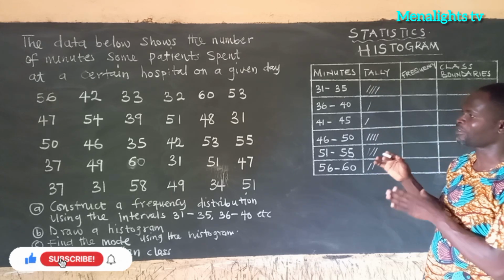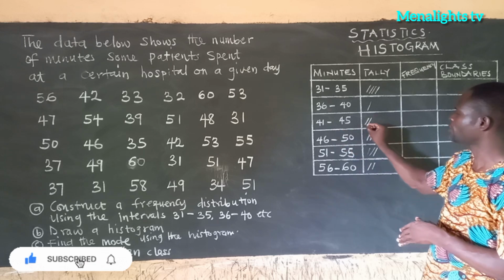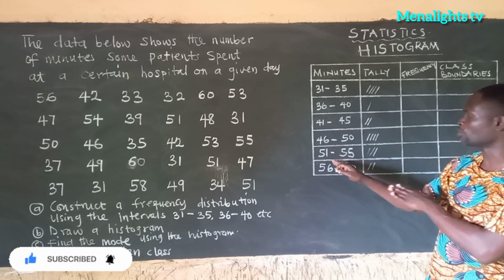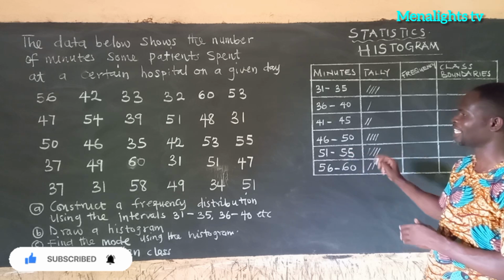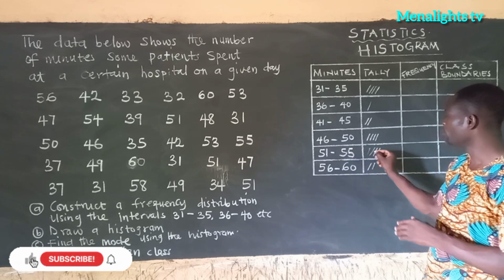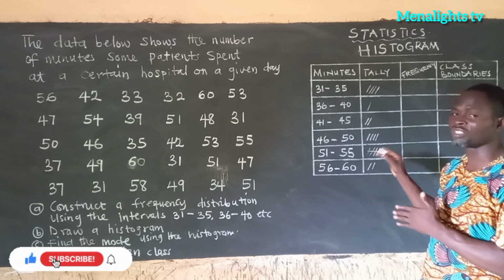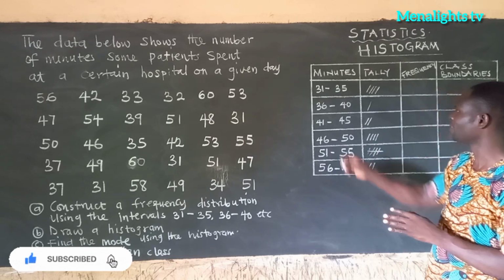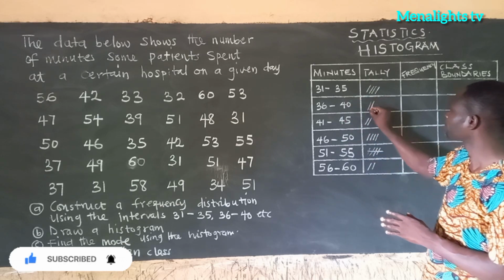Then from there we have 42, and the 42 is here, 53, so the 53 is between 51 to 55. Then 55. Since this one is the fifth one, we use a cross. So 1, 2, 3, 4, and the fifth one we cross it. Then after 55, I have 37, and our 37 is here.